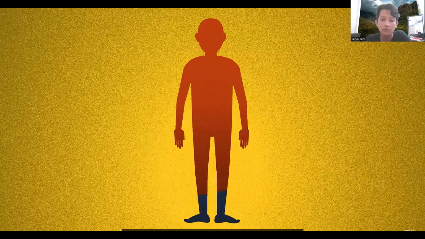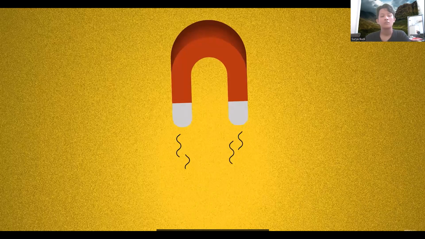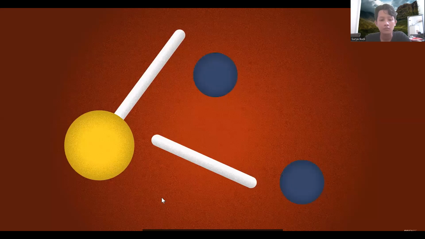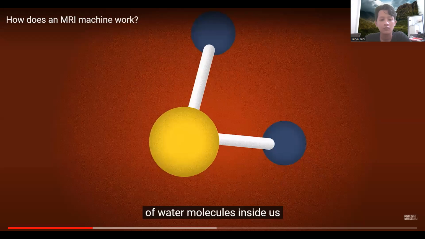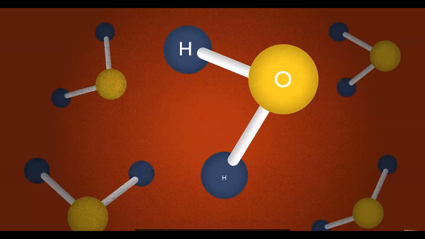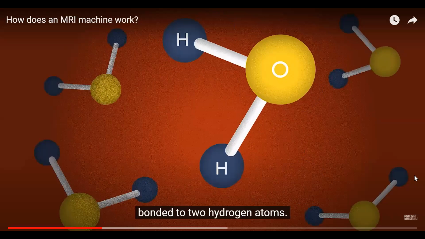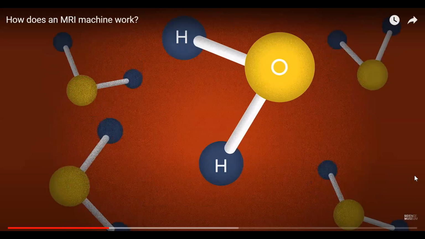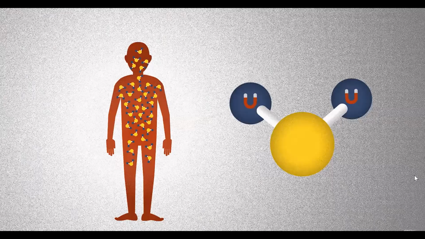Our bodies are made up of 60% water, and water is magnetic. Each of the billions of water molecules inside us consists of an oxygen atom bonded to two hydrogen atoms. We know it as H2O. Small parts of the hydrogen atoms act as tiny magnets and are very sensitive to magnetic fields.